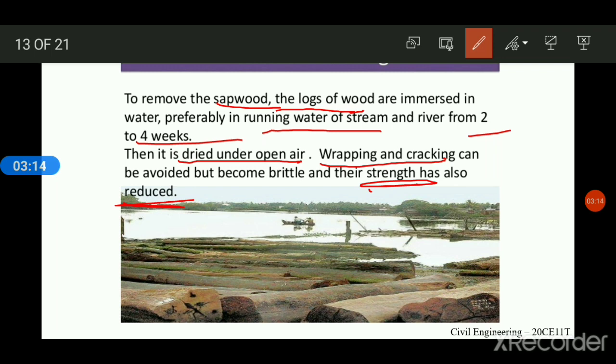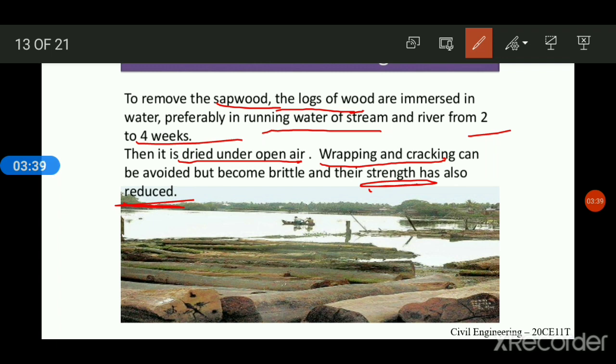I repeat, in the process of water seasoning, the logs of wood are kept completely immersed in a running stream of water. Consequently, the sap, the sugar, and the gum are leached out and are replaced by water after keeping immersed in the stream for 2 to 4 weeks. The logs are then taken out and kept in the air to dry.